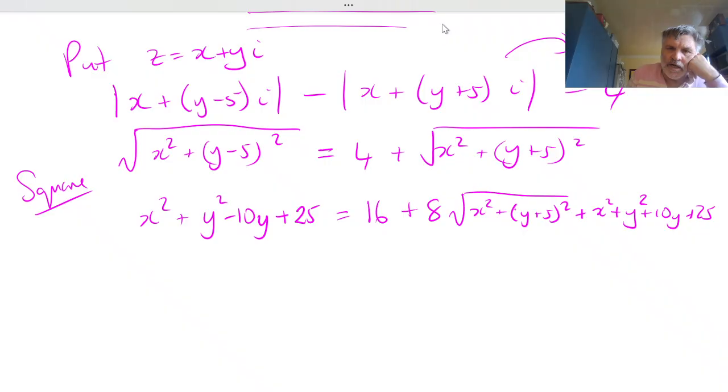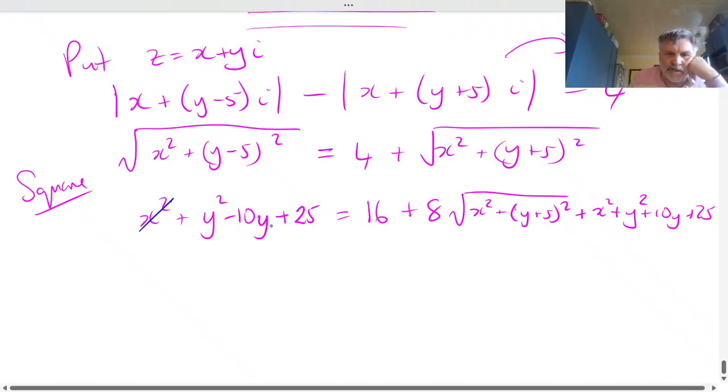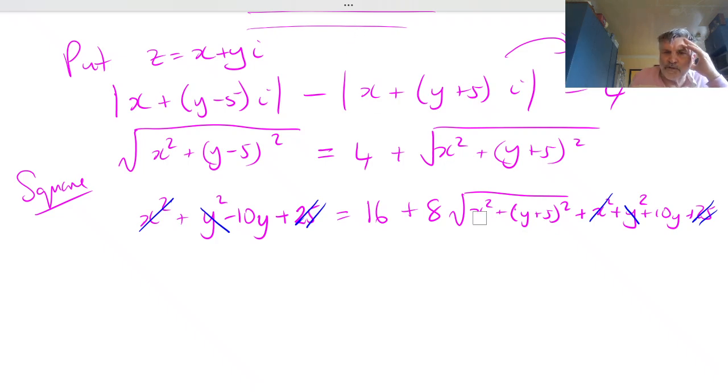And we see we can get some cancellation here. We've got x squared on this side, x squared on this side, y squared on this side, y squared on this side, and we've got 25 here and 25 here. They will all cancel. If we shift all of the terms to the left-hand side except the square root term, then we'll get minus 10y.